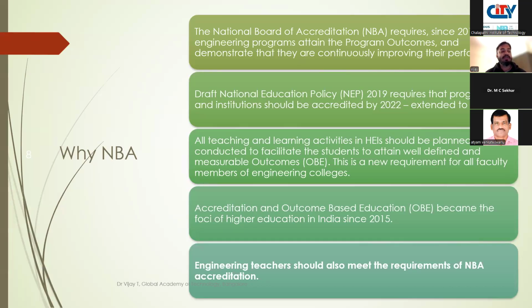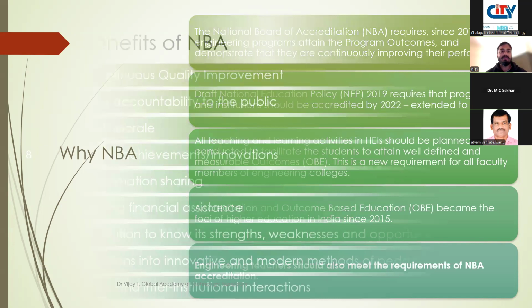That is, OBE has to be implemented in spirit and totality with respect to all teaching and learning activities. Whatever you are teaching has to be measured, and whatever a student is learning also has to be measured in this new format. So OBE has become a focus of higher education in India since 2015. Engineering teachers should also meet the requirements of NBA accreditation.